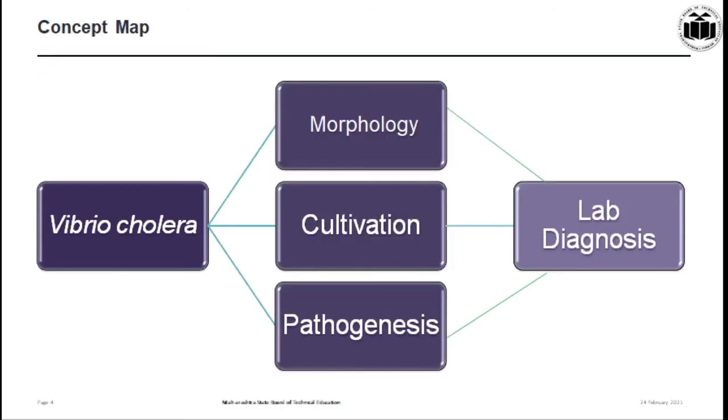The concept map on the screen shows the study of the morphological characters and cultivation characters of Vibrio cholerae, the pathogenesis of Vibrio cholerae, and the laboratory diagnosis methods used for the detection of Vibrio cholerae.